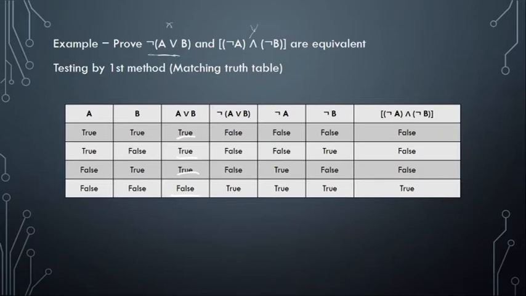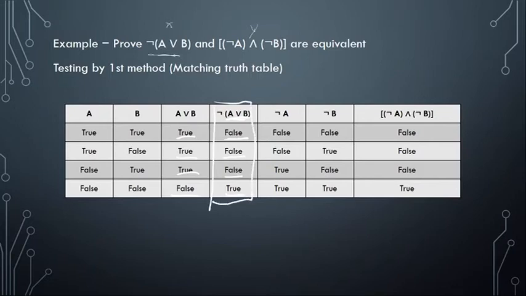The next proposition is not (A or B). First things first, we evaluate what is in the parentheses. The return value of A or B in the first example is true, then you negate it, so not true is false. Not true is false, not true again is false, and not false is true. That is the first proposition.